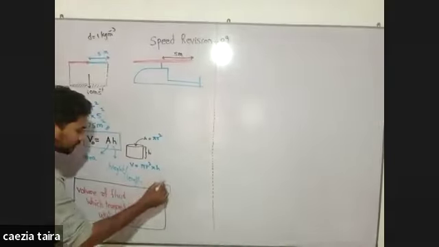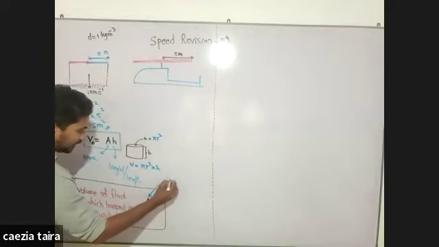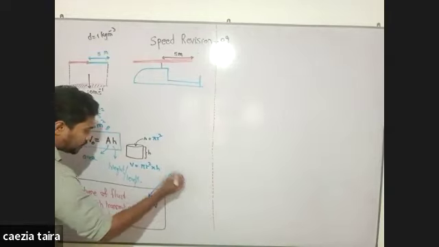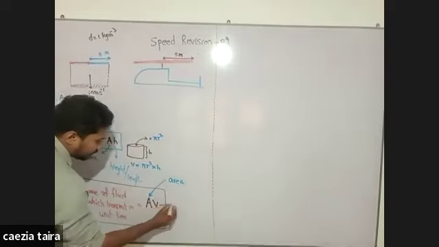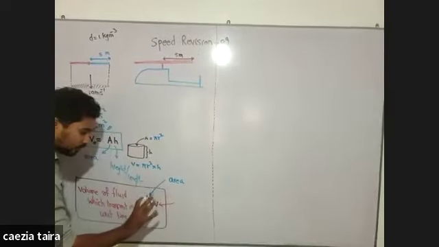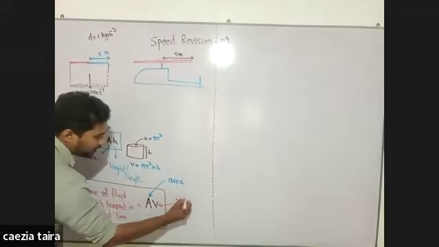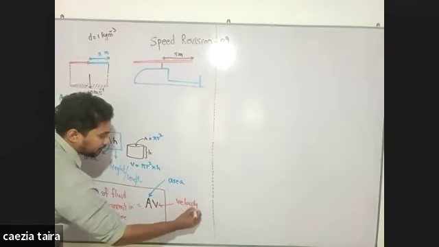Here A represents the area as usual, and the important thing is V represents not the volume but the velocity, right?